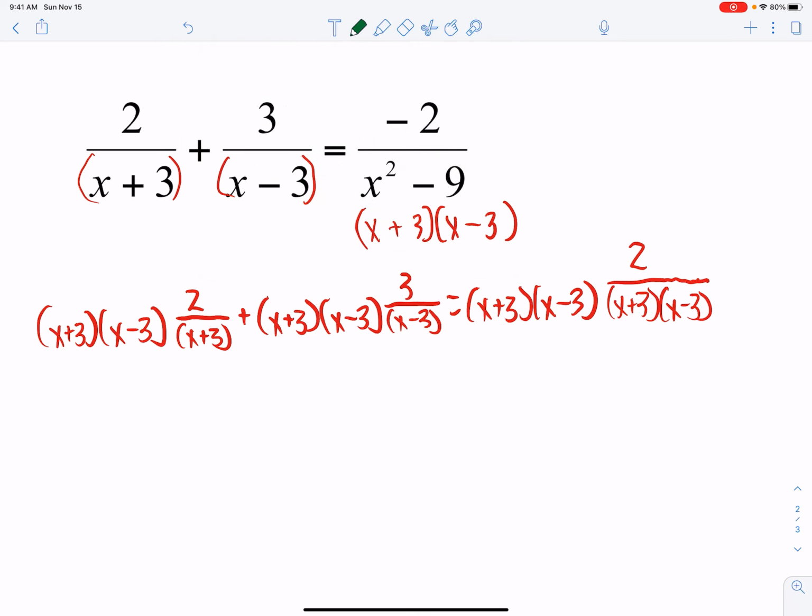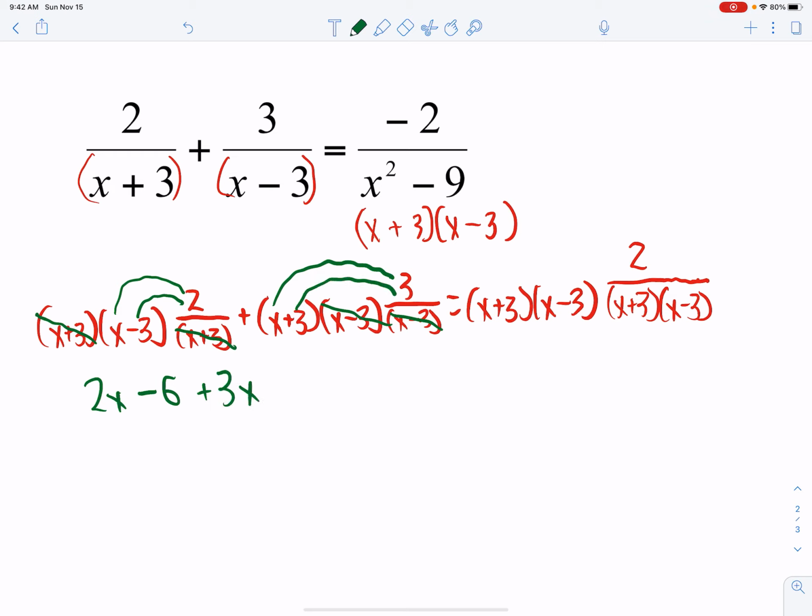So on that first term, the x plus 3's cancel out, and we have x minus 3 times 2. X times 2 is 2x, minus 3 times 2 is minus 6. On the next term, the x minus 3's cancel out. X times 3 is 3x, 3 times 3 is a positive 9.